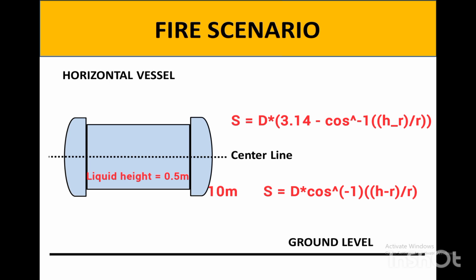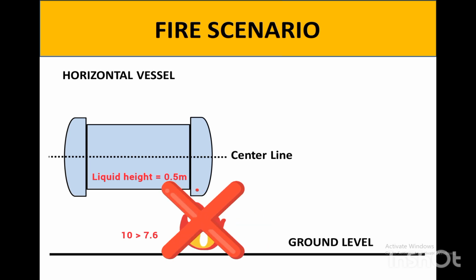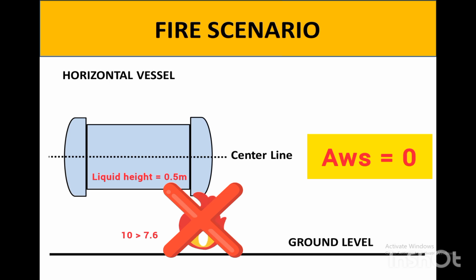If you look at this example, this vessel is installed 10 meter above the ground, and the fire case is not applicable at all. The wetted surface area in this case is 0. Even though this vessel contains 0.5 meter liquid and is classified as the wetted fire scenario, since it's installed 10 meter above the ground, fire is not applicable.